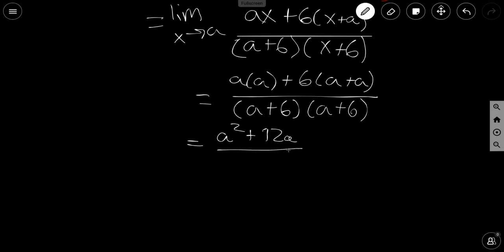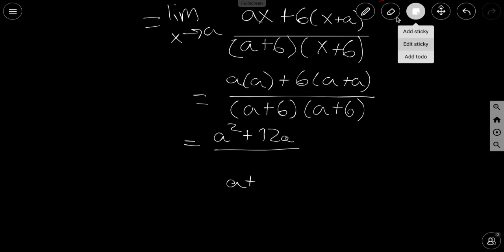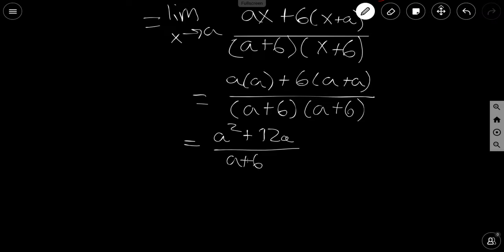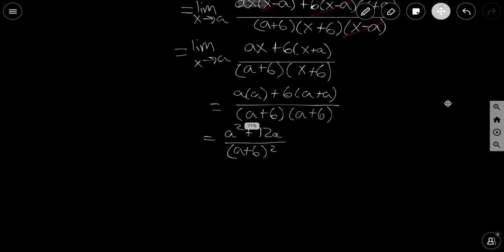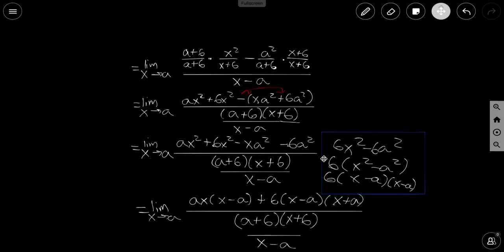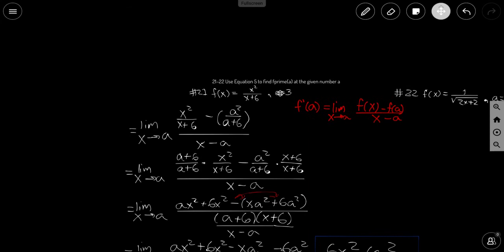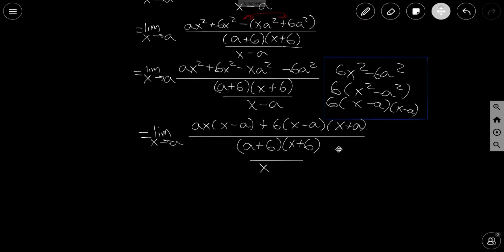So then 12a over a plus 6 squared. And because at the top it was given that a equals 3, we're just going to plug in 3 for a.